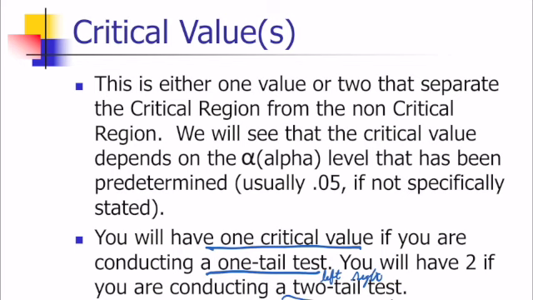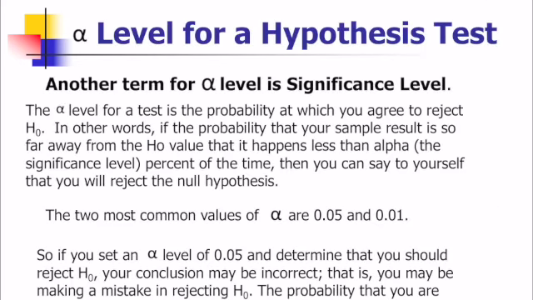Another term for alpha level is significance level. How significant is what we're proving? When we proved that Jill had a 0.0089 likelihood of getting a 0.5 score by chance, we proved that it was statistically significant at not only the 0.05 but the 0.01 level, because this value is less than 0.01.